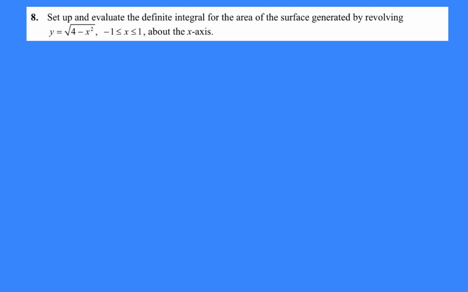And what is the graph of the function? Well, the graph of the function should be something like this, between 1 and minus 1. When it's 0, the graph is the square root of 4, which is 2. And when it's 1, the graph is the square root of 3. The square root of 3 is like 1.7, so it will be like this.